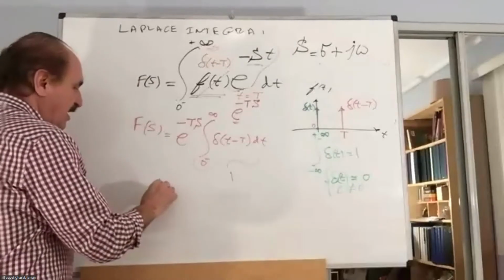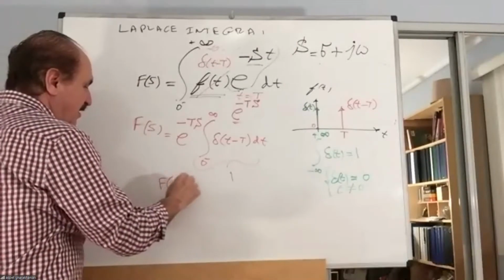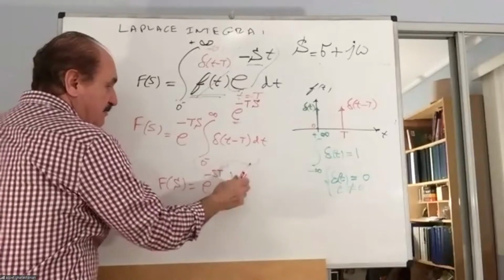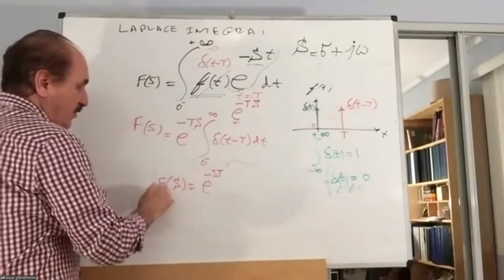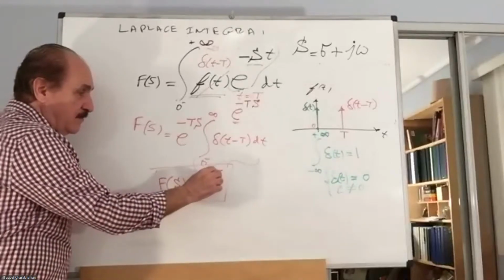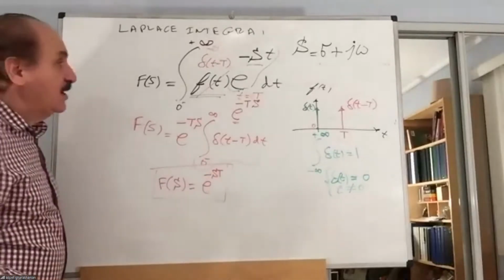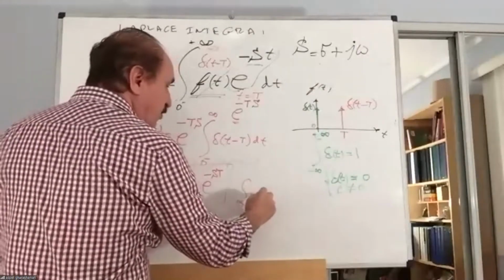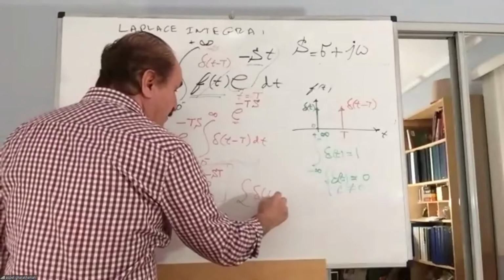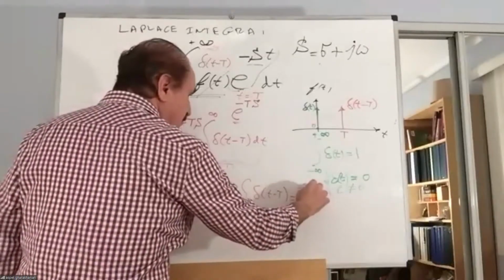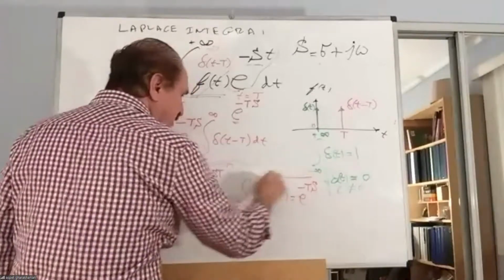Outcome is F of s is equal to e to the power minus Ts. That's it. We get the function for the delayed impulse. So you can say Laplace transform of delta of t minus T is simply e to the minus Ts. That's it.